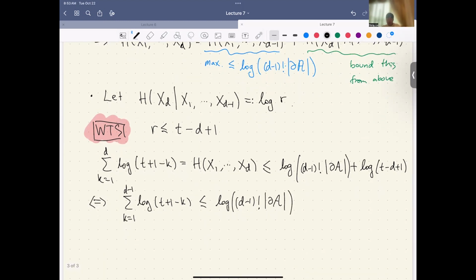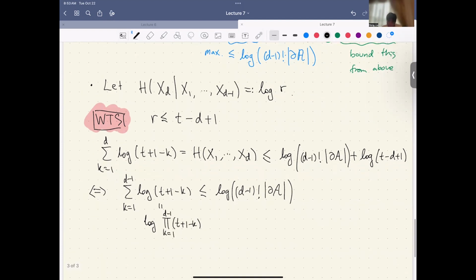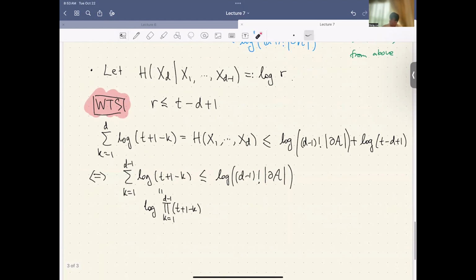Getting rid of the log on the left-hand side, let's move the summation inside to a product. This equals log of the product of (t plus 1 minus k), k from 1 to d minus 1, right? So we have this guy is at most this guy. Moving d minus 1 to the other side, we get the desired inequality.